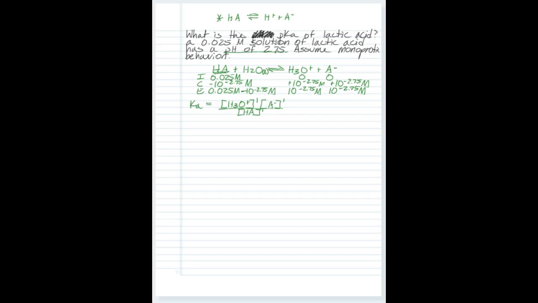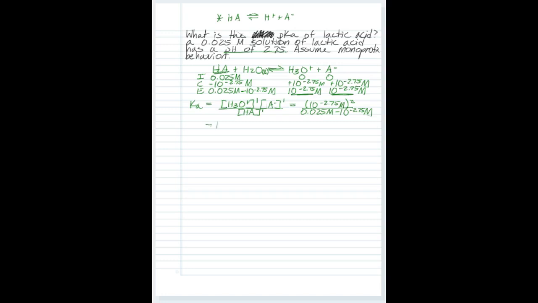For my concentrations of hydronium and weak base, I have the same value, so I can just square that. So I can say 10 to the minus 2.75 molar squared, over 0.025 molar minus 10 to the negative 2.75 molar. Okay, so I have all numbers in there. I now have enough information to calculate what my Ka is.